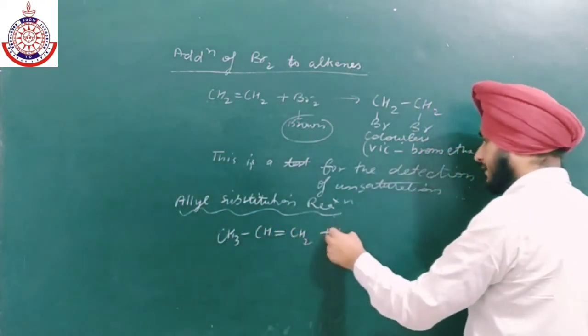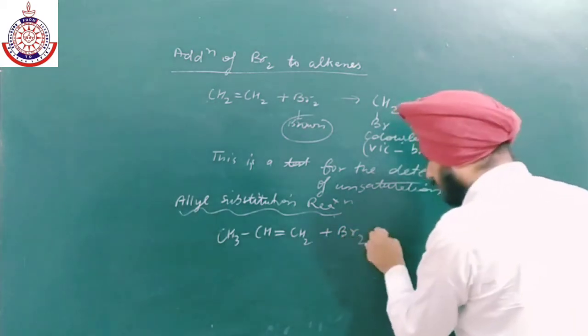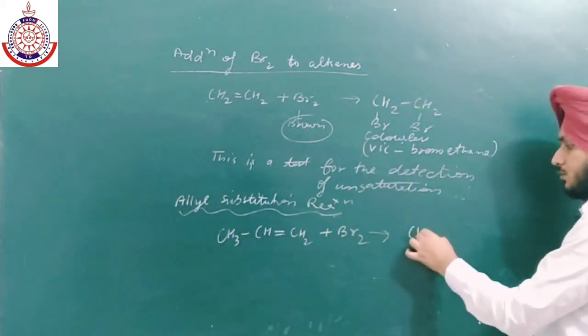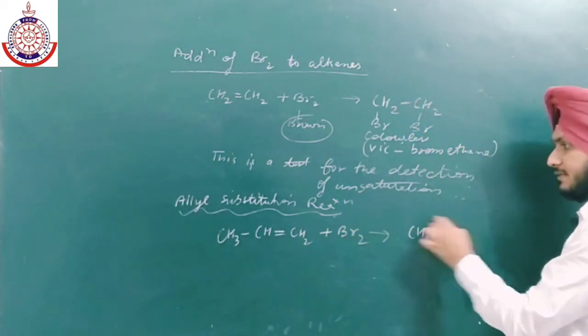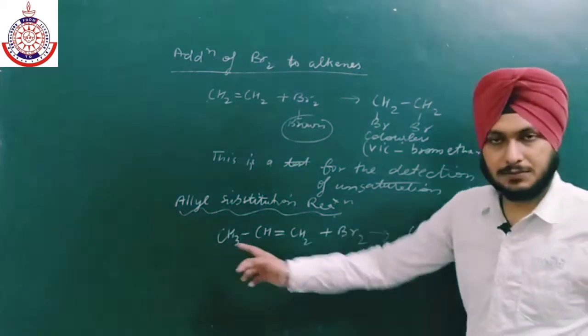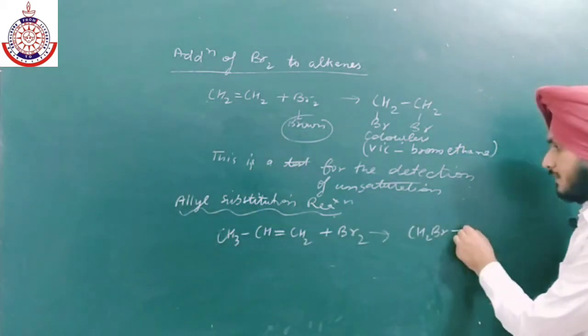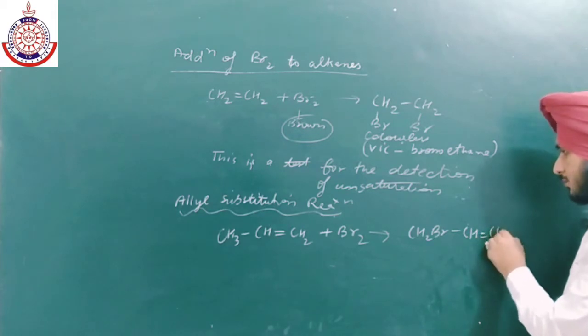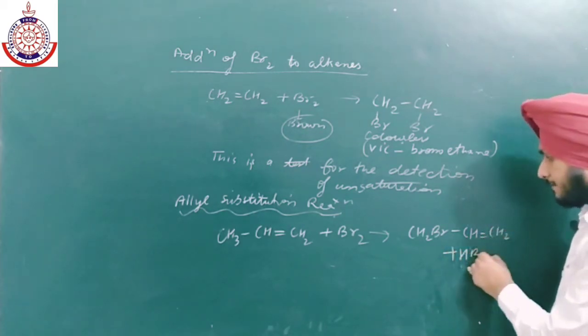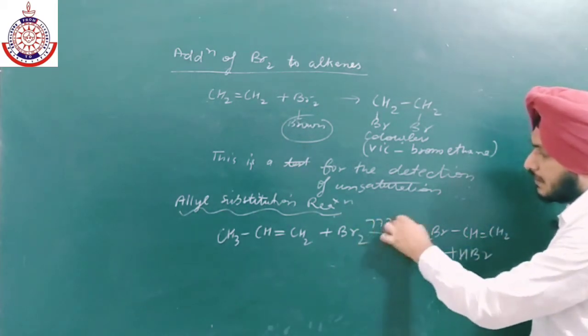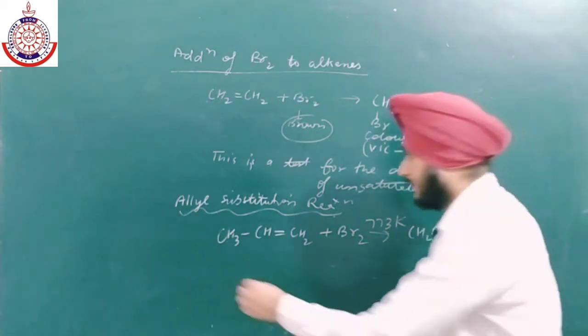Now in this case, if we are adding Br2, we will get CH2Br, allylic substitution will take place, and CH double bond CH2 plus HBr, at 773 Kelvin. The reason is at high temperature.